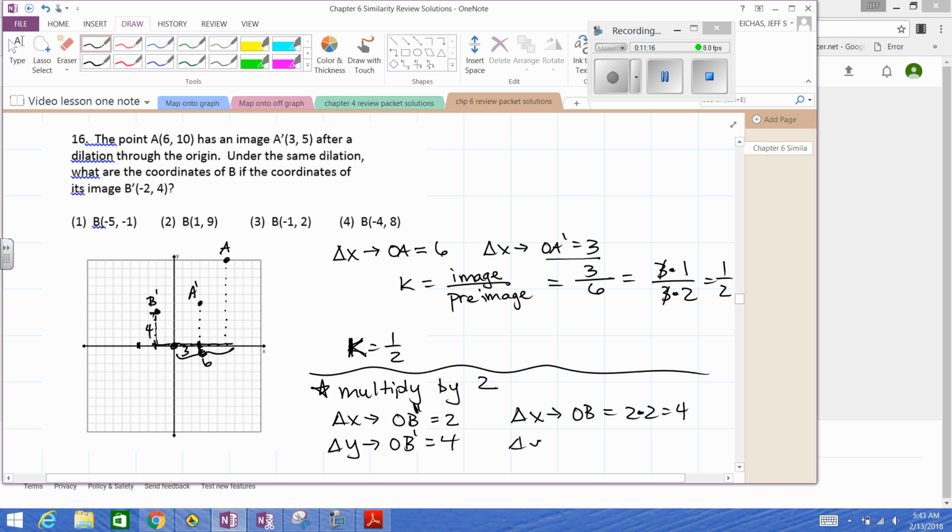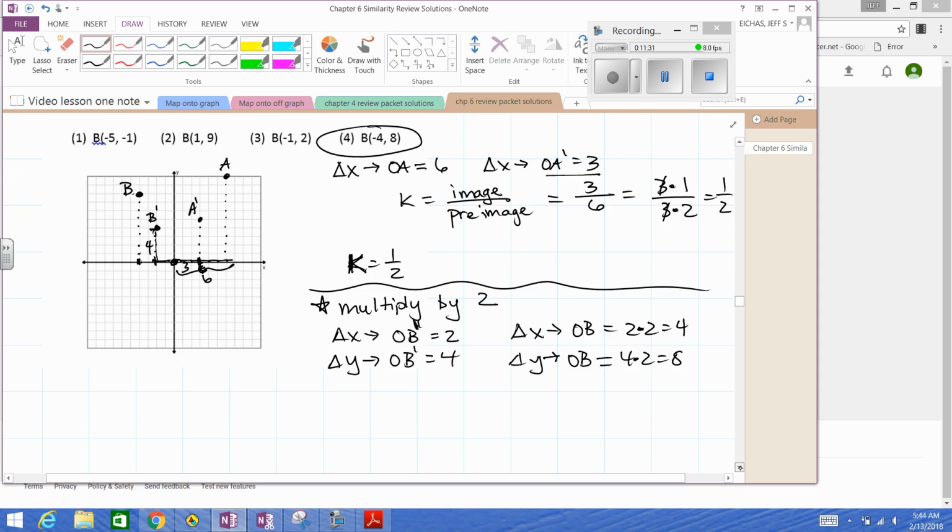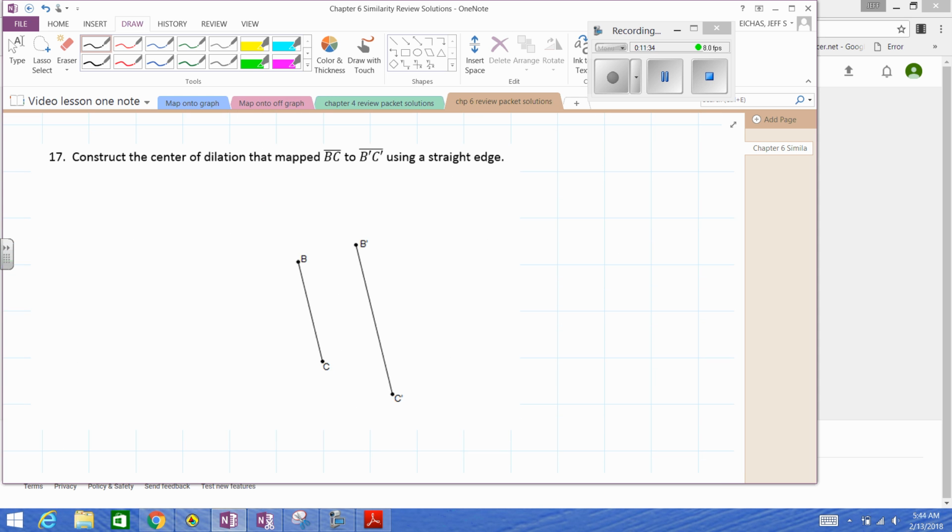Change in y for O to B. So you've got to go up 8. And that should be B. That's the coordinates -4, 8. There it is. Okay. Yeah, we'll do this on the next video.